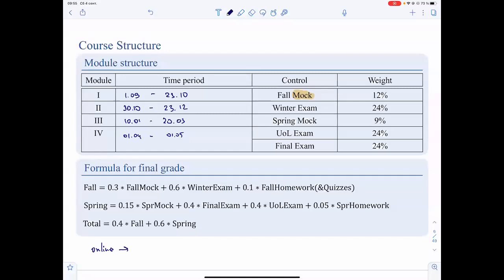The first part will be a written exam, so you will get some written part, and then you will get some oral part where you will have to present your solutions.